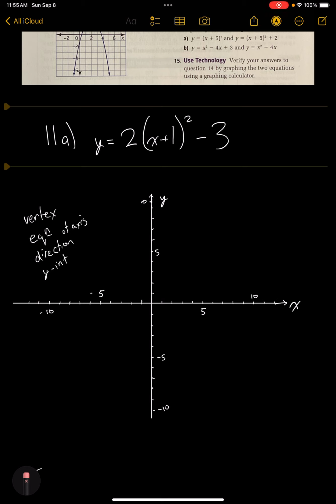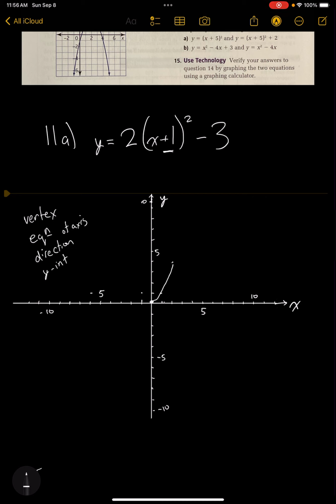Well, this moves. It says +1, but what's actually happening is it's moving the vertex, the basic one. The parabola basically goes like that. 1, 2, 3.